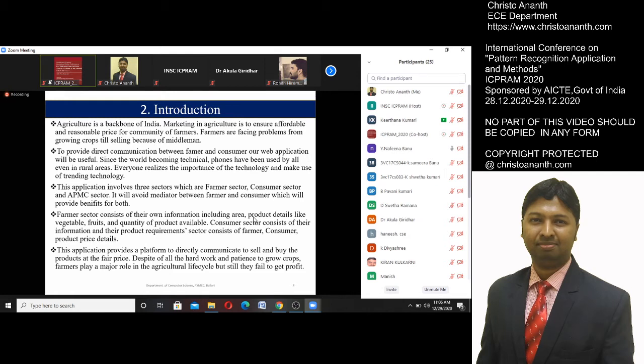The middleman negotiates with the farmer for his own profit. Farmers who are nearby sell their crops to consumers, but those who stay far away depend on mediators to sell their crops. The farmers work too hard to grow crops, but still they fail to get profit, though farmers play a major role in the agricultural life cycle.